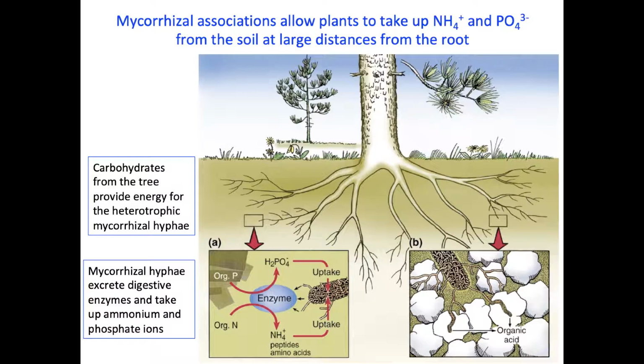Here, enzymes are once again excreted by the hyphae, and those break down organic matter which is in the soil, allowing the hyphae to take up ammonium, peptides, amino acids, and phosphate, all of which are then used for plant growth. This is a symbiotic relationship, a mutually beneficial relationship between the fungus and its tree or plant.